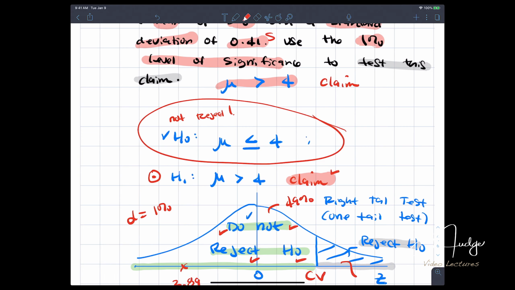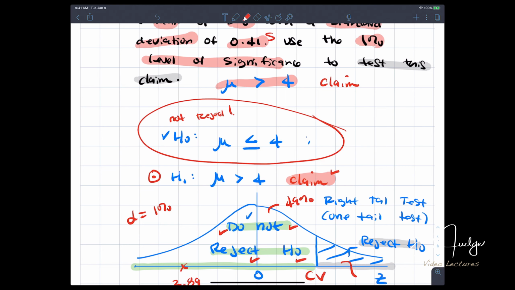So what's happening with this sample is it's not supporting what was being claimed. So the mean is less than or equal to 4 based on the evidence that the sample provides. And that is not the claim.